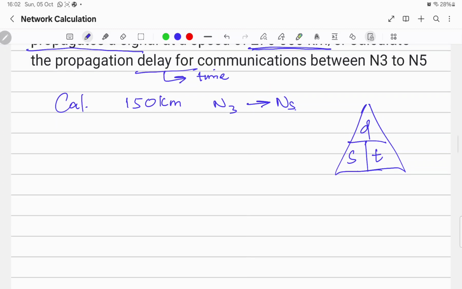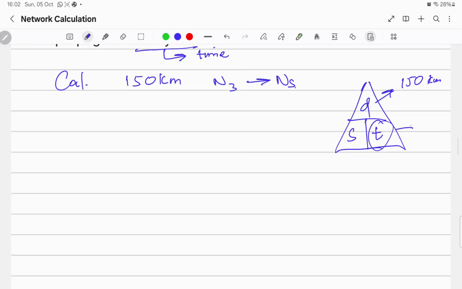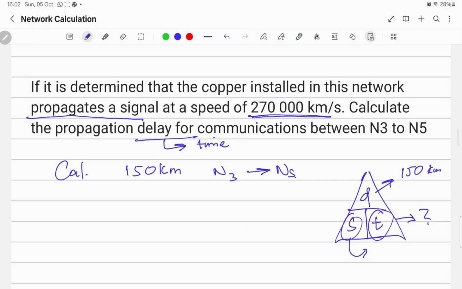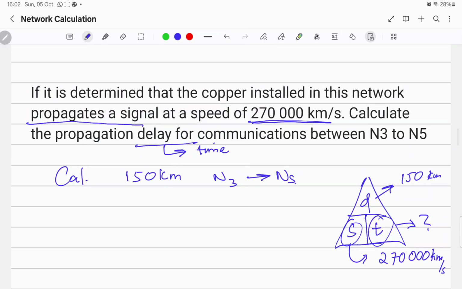Our distance is the one that we just calculated, which is 150 kilometers. Our time is what we're looking for. Our speed, they've given us the speed, which is 270,000 kilometers per second.